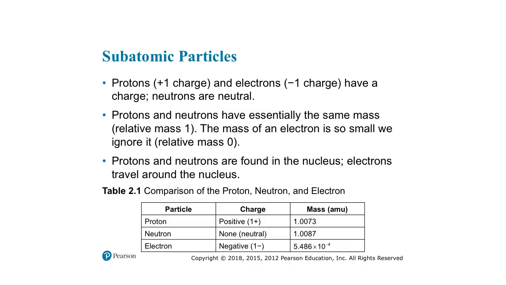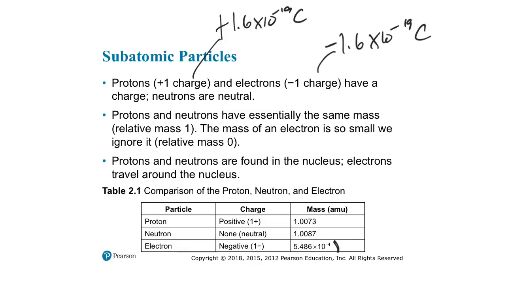In the atomic mass unit scale, and we'll get into that scale a little bit more in the next chapter, it's 1.0073 AMU for the proton, just a little bit more massive for the neutron. The electron has a much, much smaller mass, 5.486 times 10 to the minus 4 AMU. Now the actual charge here is about 1.6 times 10 to the minus 19 coulombs. So minus 1.6, and then of course plus 1.6 times 10 to the minus 19 coulombs in terms of their actual charge.